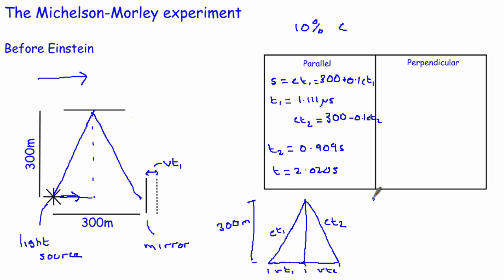Now, just from Pythagoras, we can automatically say that ct1 squared, so that distance, is equal to 300 squared, plus the vt1 squared. Well, the velocity again is going to be 0.1c, because it's 10% the speed of light, so we've got plus 0.1c t1, all squared.